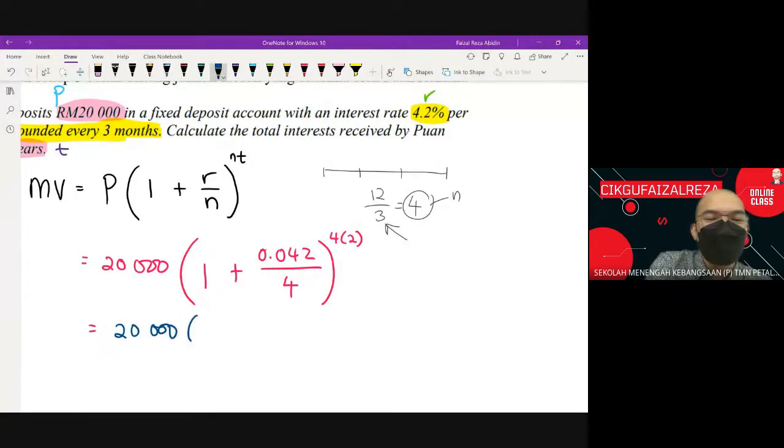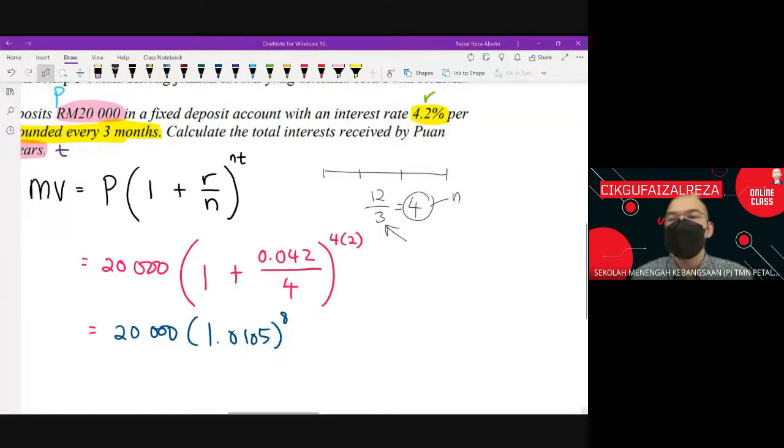Okay, 20,000 times 1.0105 to the power of 8. So now by using your calculator again, you are going to get the answer straight away. Power of 8 times 20,000.